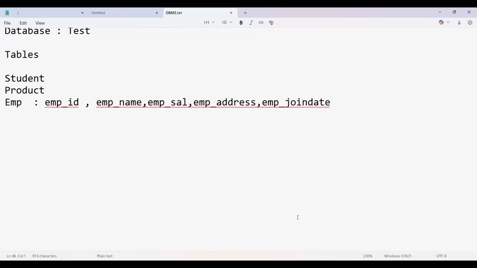SQL is mainly used to get the data and manipulate the data. It is meant for structured data, which is stored in tables in the form of rows and columns.